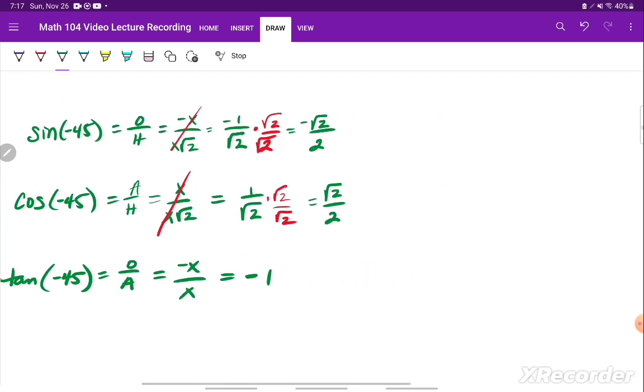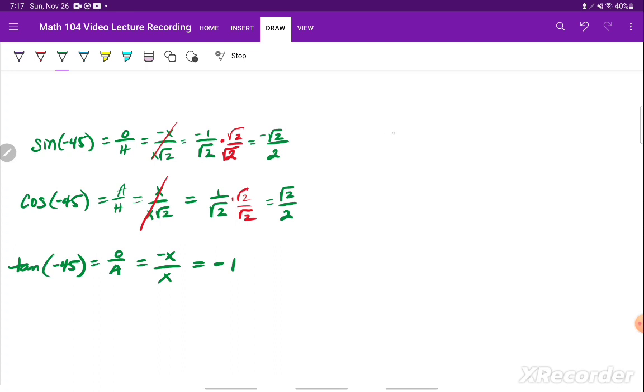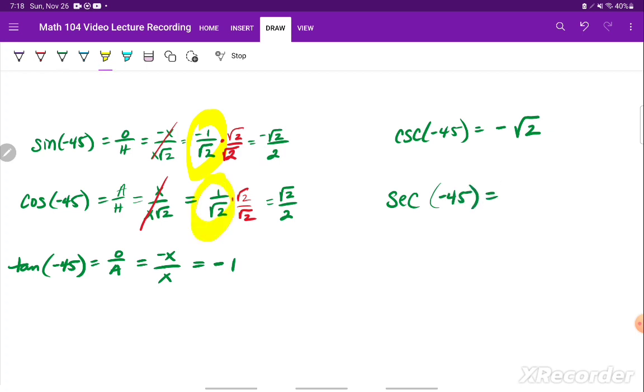Once we have our big 3, we can get the others by simply doing the reciprocal. Cosecant of negative 45 degrees, that'll be the reciprocal of sine, and we're going to flip what we had before we rationalized it. So that'll be negative square root of 2. Secant of negative 45 degrees, the reciprocal of cosine.